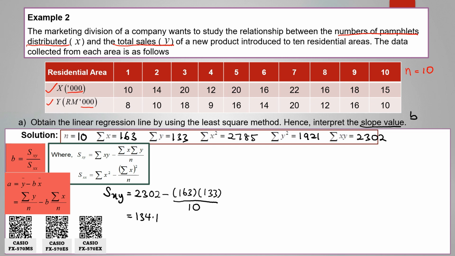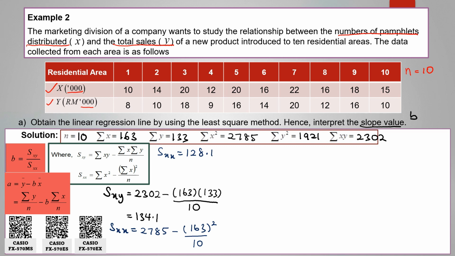The next one is Sxx equals 2785 minus 163 squared divided by 10. So I will write here Sxx is equal to 128.1.